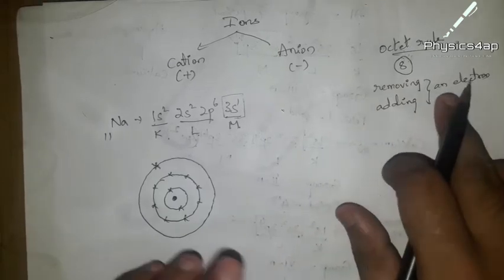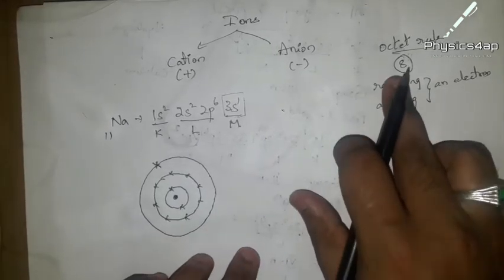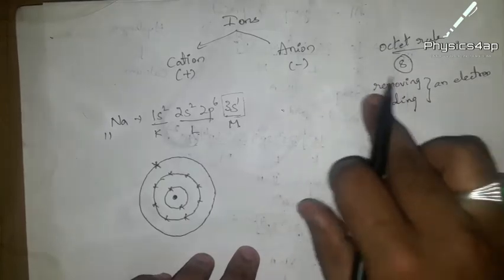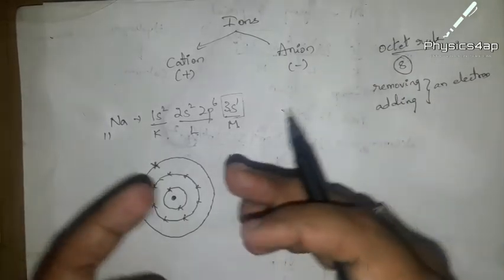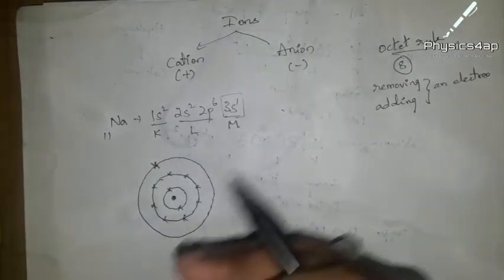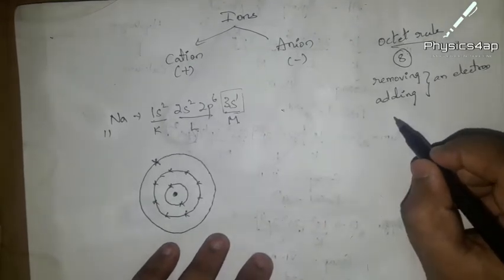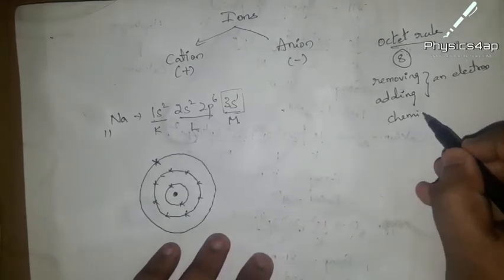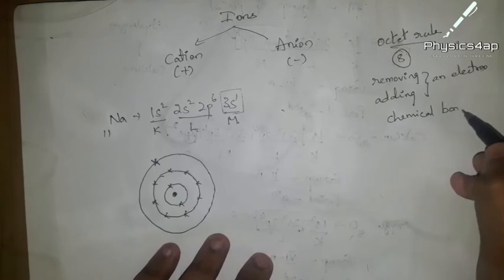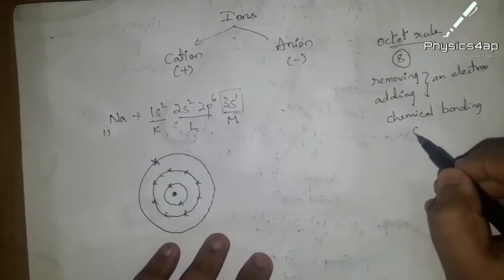So electrons should be added or removed to get 8 electrons in the outermost orbit, so that it can be ready to combine with another element, which is what we call bonding, which we will get in the chapter called chemical bonding. That is getting combined with another one to form a compound.